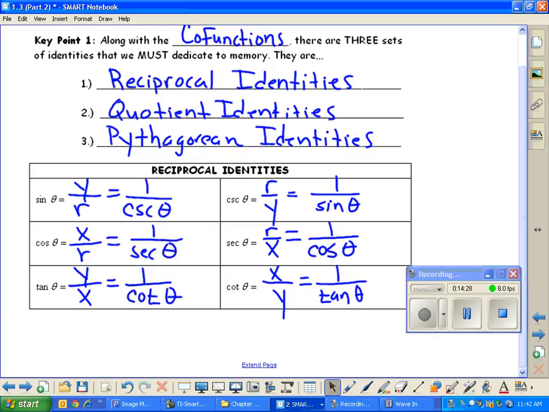If you have a question. So you said one thing that was accurate, which is 1 over sine is equal to cosecant. That's right. We have that right here. 1 over sine is equal to cosecant. But how can sine be equal to 1 over sine?